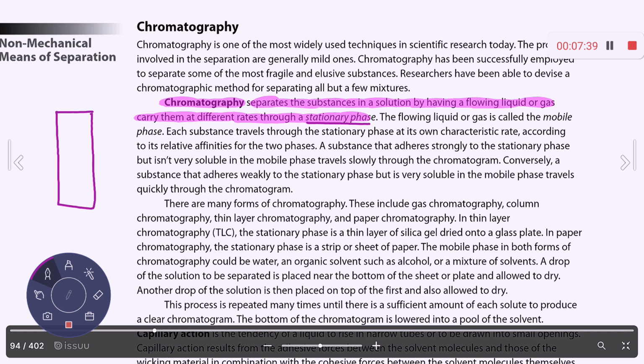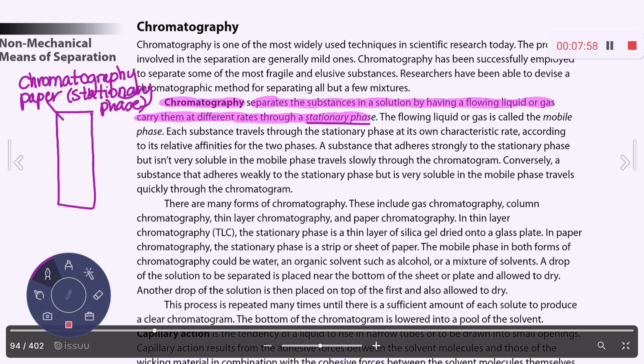So you've got a piece of paper, and this piece of paper is a special type of chromatography paper, and they often call the paper the stationary phase because it's not moving.